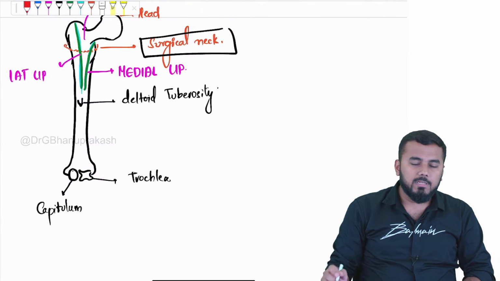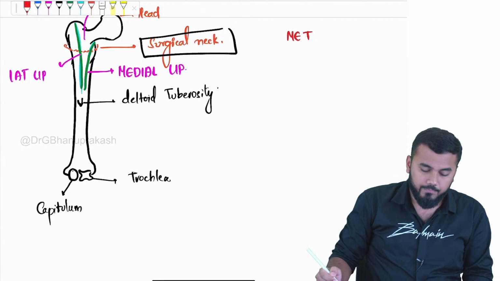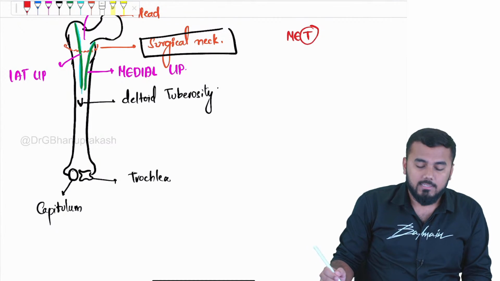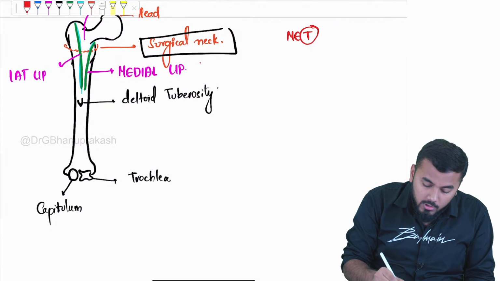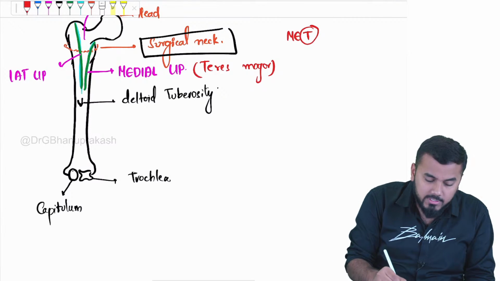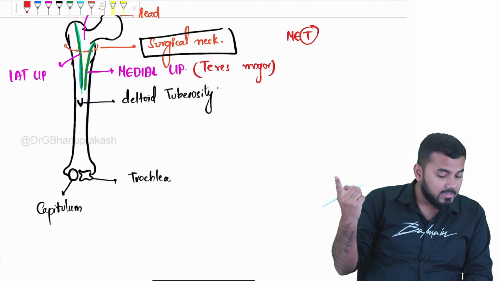What are these two major muscles? Remember it like this: M-E-T. T stands for teres. So one is teres major, and after teres major we also have another major muscle.